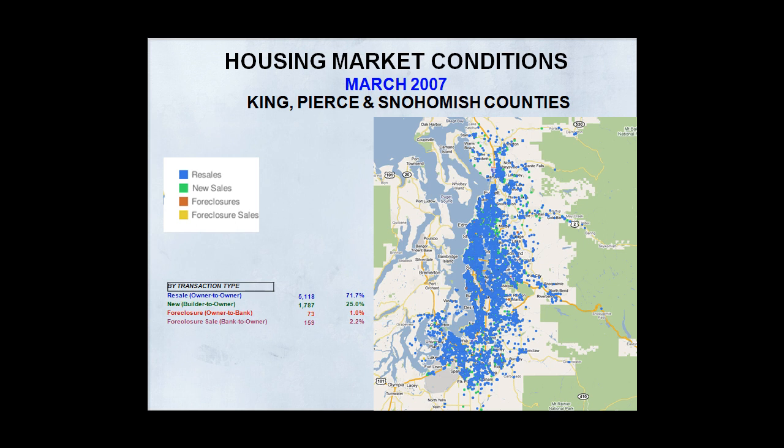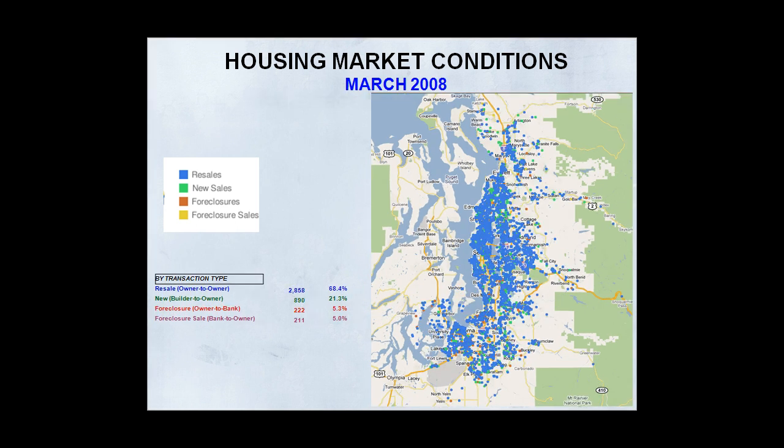But let's come forward one year to March 2008. Now all of a sudden, the conventional resales have dropped a little bit here, 68.4%. New builder volume is down from about 25% to 21.3%, and you can see foreclosures have gone from 1 to 5%, and foreclosure sales from roughly 2% up to 5%.